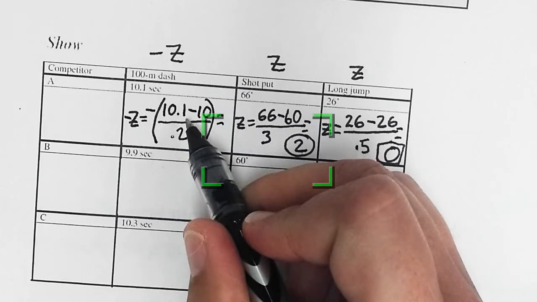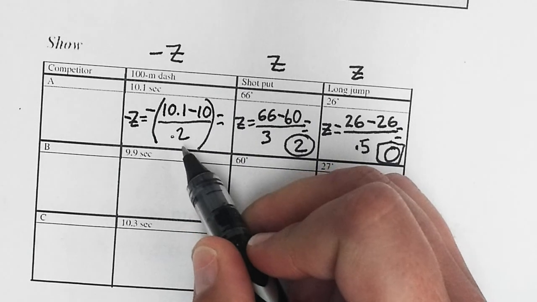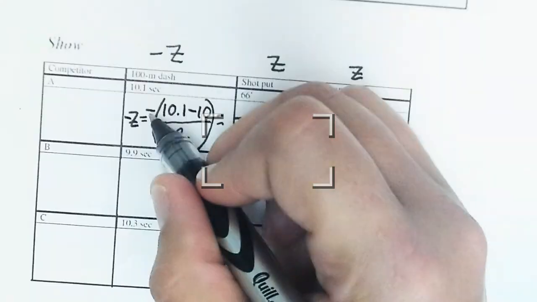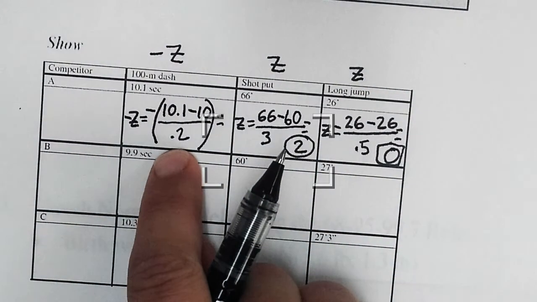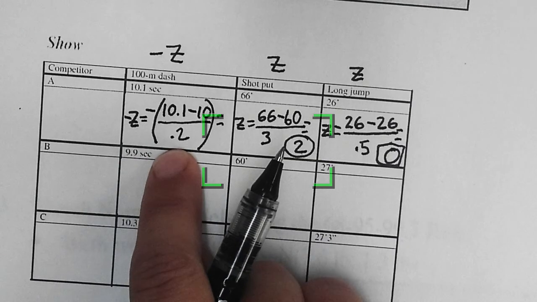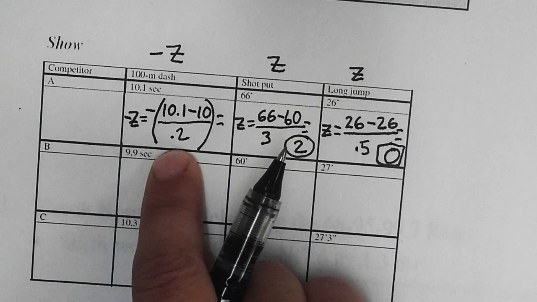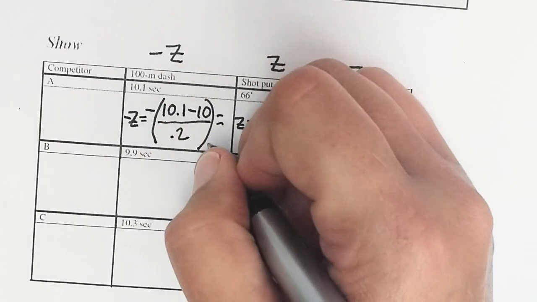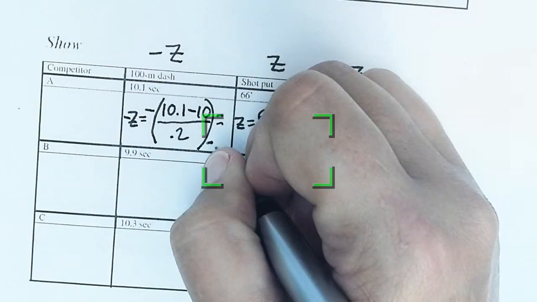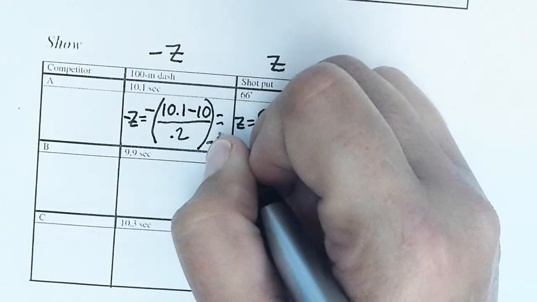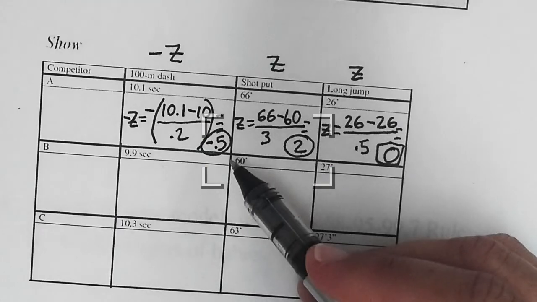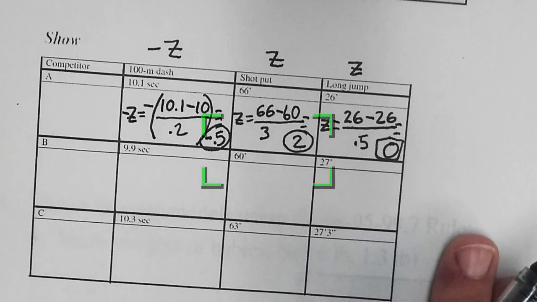So in here we have 0.1 divided by 0.2, which is going to give us 0.5. But we want the opposite of 0.5. So his speed was 0.5 standard deviations above the mean, but that would be a bad thing, so we want to bring his score down by half of a z-score. Okay, so his performance was half of a standard deviation below the mean.